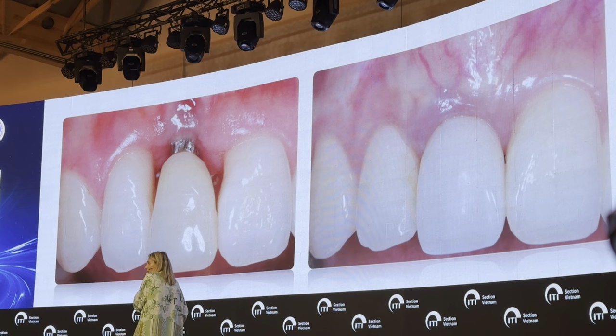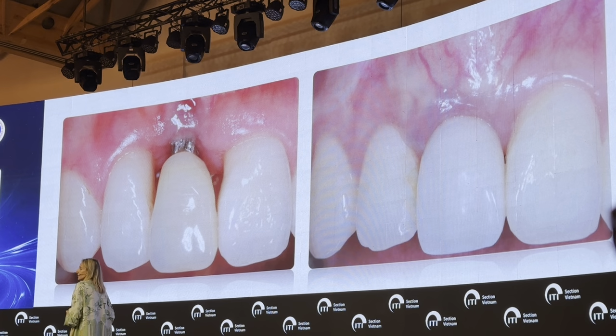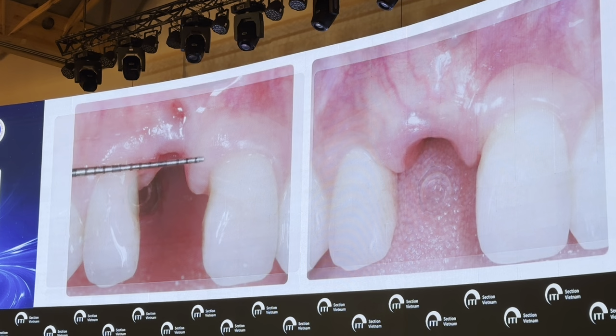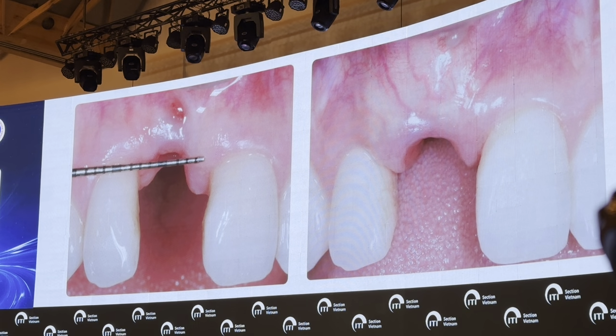And this was the final healing, as you can see, with the improvement in the soft tissues that allow to increase the buccal volume, to increase the interproximal soft tissue, recreating the peri-implant papilla.